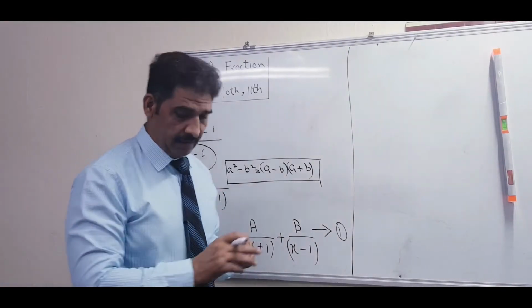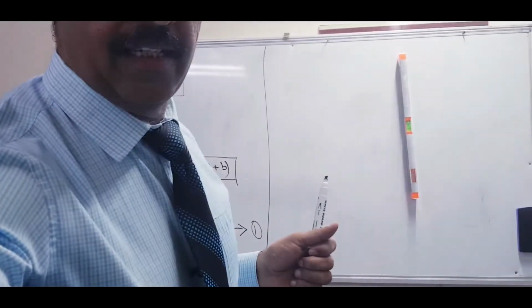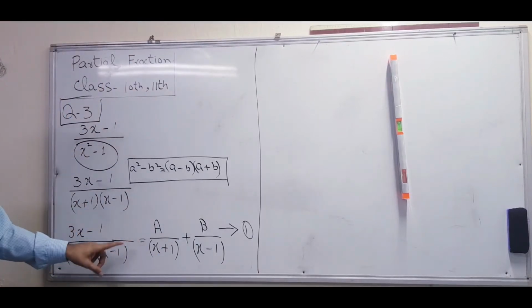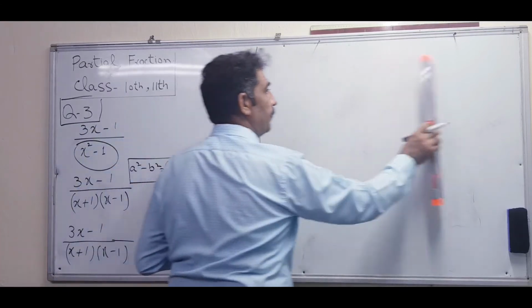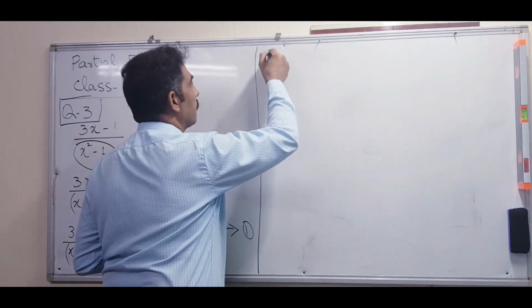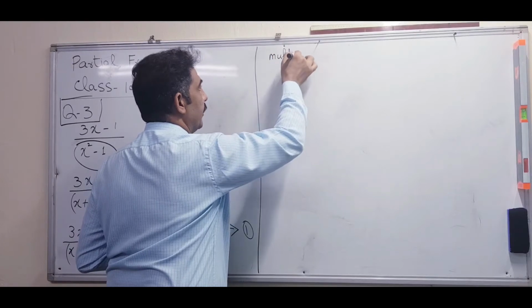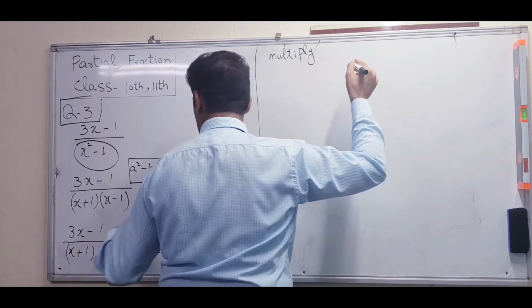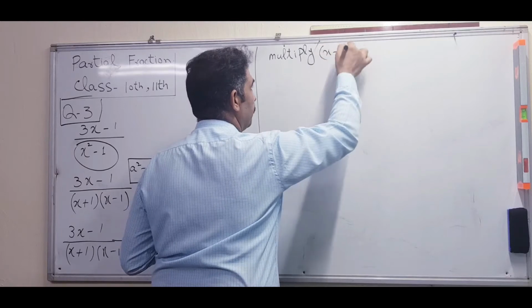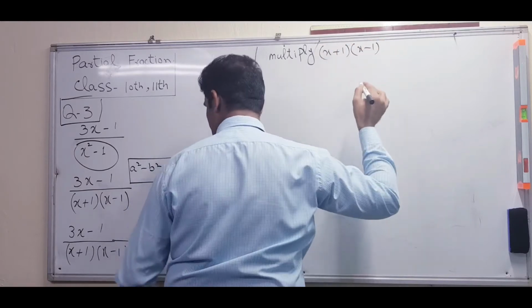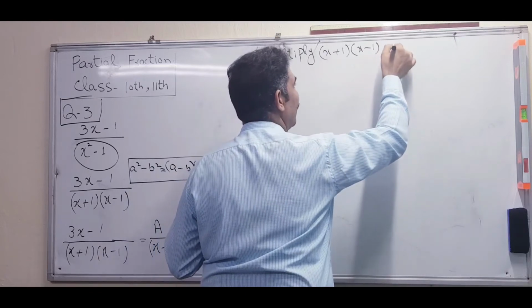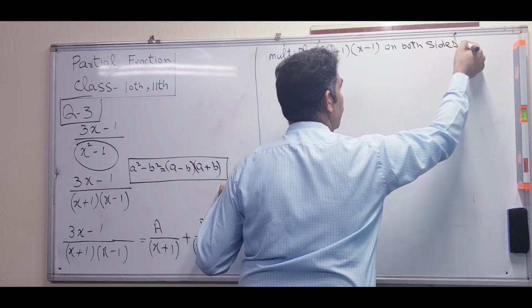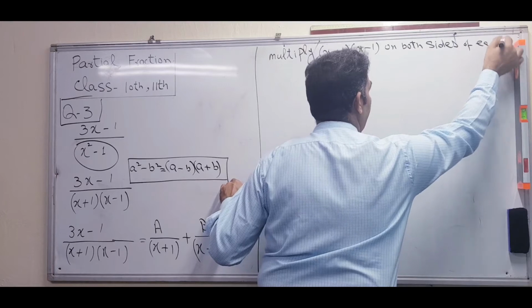So I will write it here: the denominator, x plus 1 and x minus 1, multiplied on both sides of equation 1.